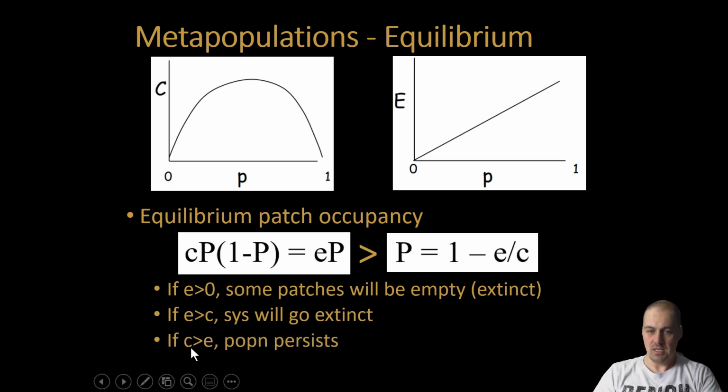If C is greater than E, that means you have a lot of colonization and very little extinction. When you go 1 minus a very small number, you'd have a high patch occupancy, so your population will persist.